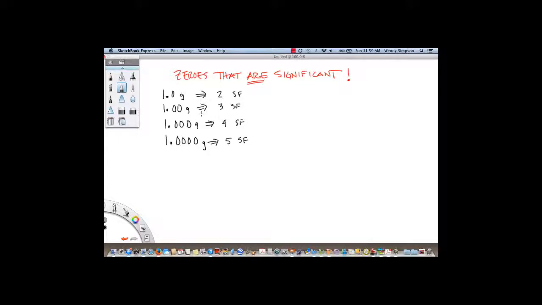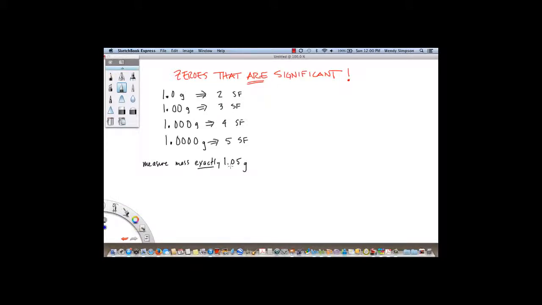So just applying this to measurements, let's suppose that we measure a mass that is exactly 1.05 grams. And we measure it on each of these balances. What is the display on the balance actually going to read for that mass?